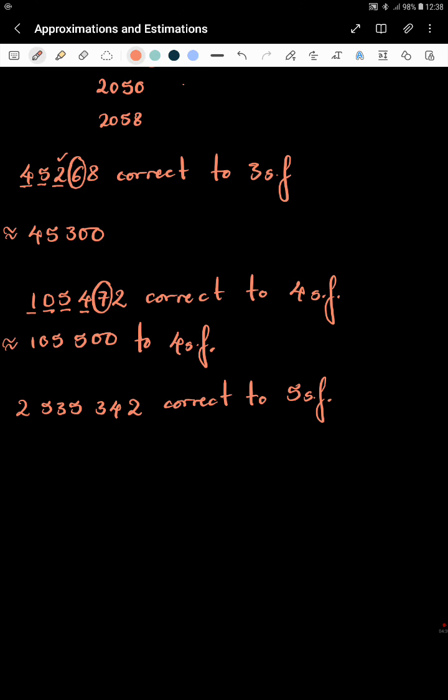I'm going to count your digits 1, 2, 3, 4, 5, and then you look at this one, and 4 means you are rounding down, so your answer becomes 2,535,300 to 5 significant figures. So this is what you do when you are doing significant figures under whole numbers.